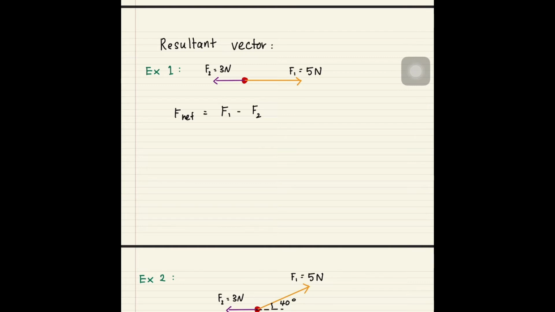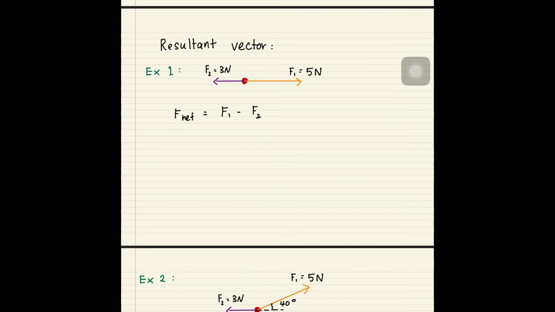If you have a vector pointing to the right or upwards, it will be positive. If you have a vector pointing to the left or downwards, it will be negative. So in this case, the 5 is positive because it is pointing to the right, and 3 is negative because it's pointing to the left. So you're left with 2 Newton as your resultant force.